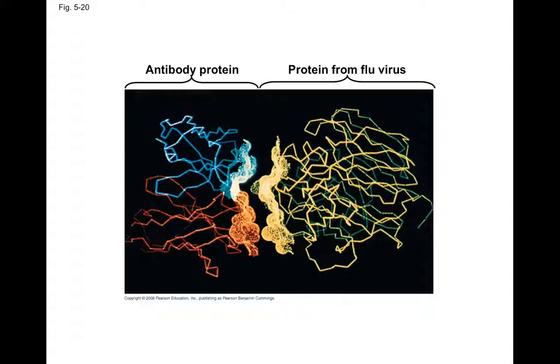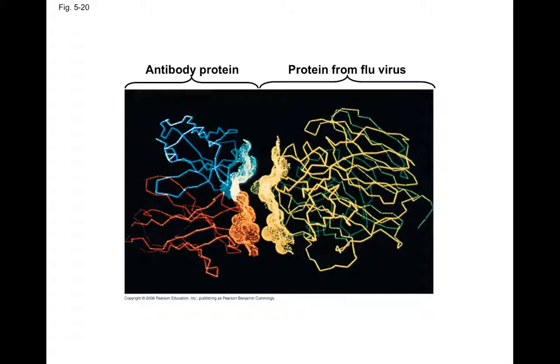Okay, so for example, an antibody protein would have a certain structure that fits exactly a protein from a flu virus. So part of an antibody's function is to recognize proteins or other things from foreign substances, like viruses or bacteria or anything that's not supposed to be in the body.